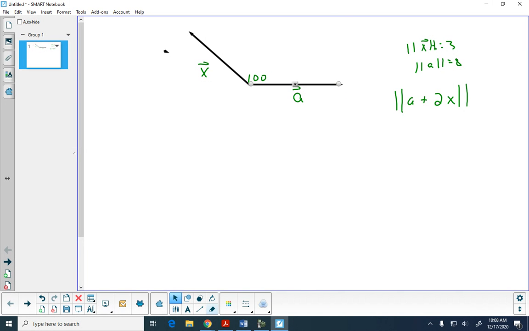Here is my vector A, and we want to add to that vector x, two of the x's.